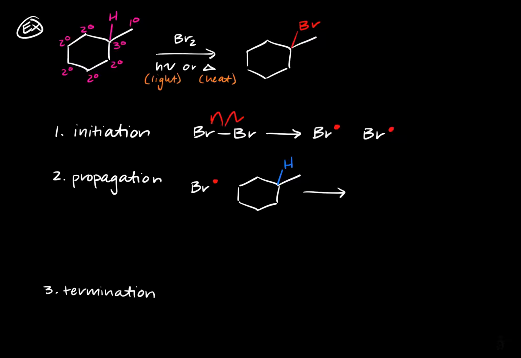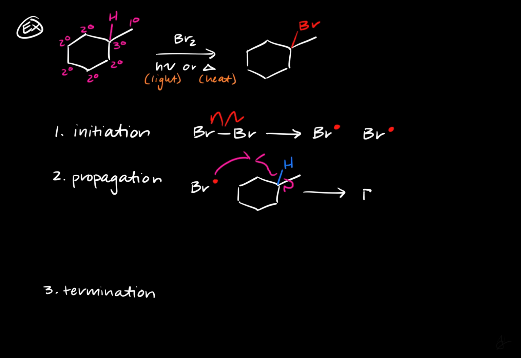Well, we should start by forming a bond. This allows us to form a bond between the bromine and that hydrogen, excuse me. And we are going to take the other electron that's part of that bond, and we're going to push it on to the tertiary carbon.